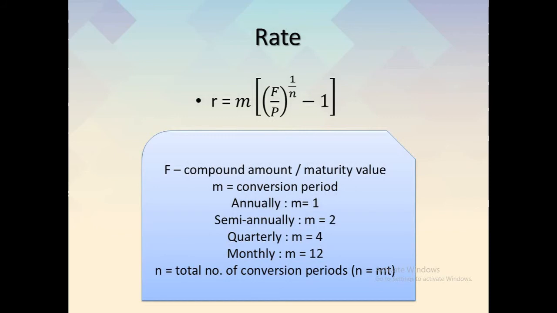And also, n is the total number of conversion periods. n is equal to m times t.